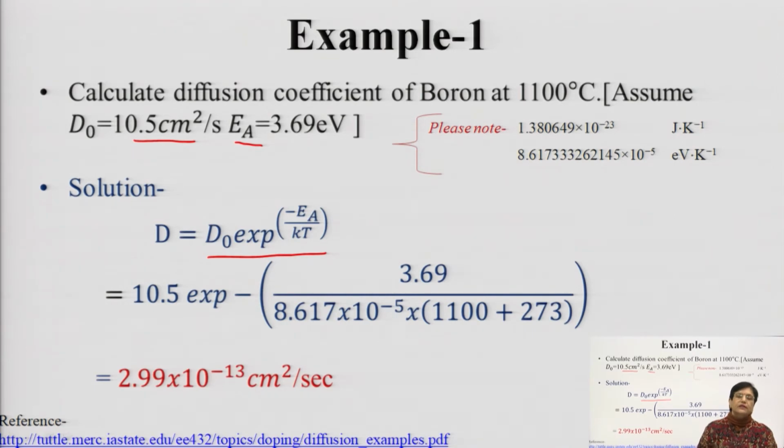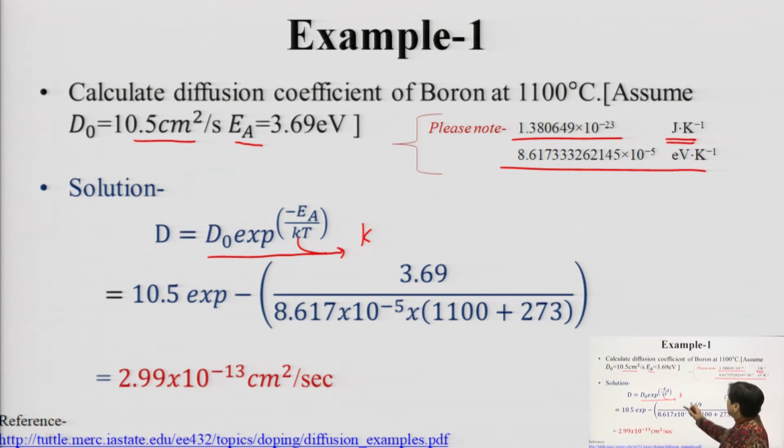Why I have considered this equation is that you have to get the idea about the value of K, the Boltzmann constant. The normal value we study, 1.38 times 10 to the power minus 23, is in the form of energy expressed in joules per Kelvin.